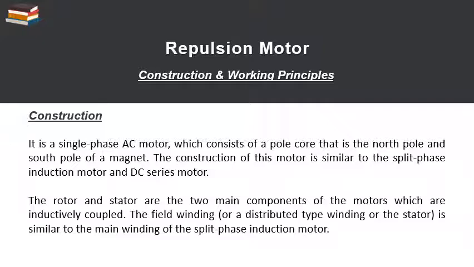The rotor and the stator are the two main components of the motor, which are inductively coupled. The field winding, or distributed type winding, or the stator winding, is similar to the main winding of the split phase induction motor.